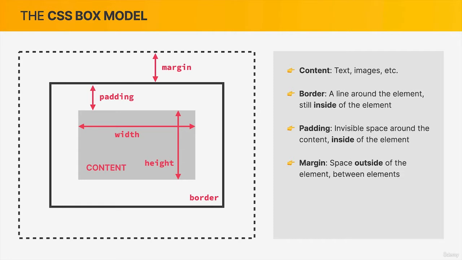It will sit between the content itself and the border, which is basically the outermost part of the element. So the content, padding, and border all together are the visible part of the element as we can see it on the page. Then around all that, we can add some margin in order to create space between elements.